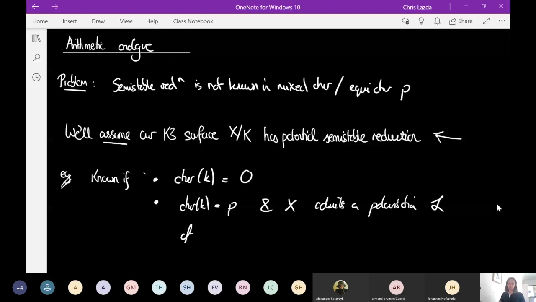So if the characteristic is large relative to the degree of the K3 surface, then potential semi-stable reduction is known, and this is due to Maulik. There are some interesting cases in which our results are unconditional.